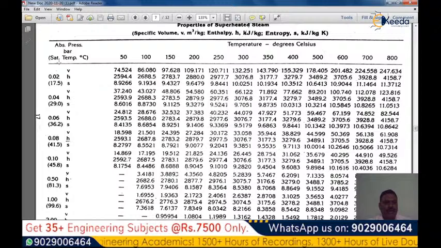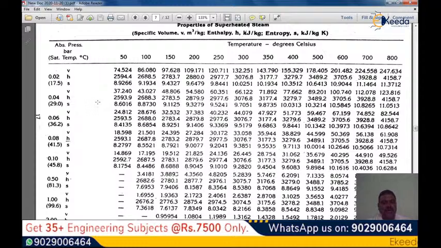Here we have absolute pressure in this column, V is the specific volume, H is the specific enthalpy, and S is the specific entropy, at different temperatures. So for superheated steam, we will always have pressure and temperature.